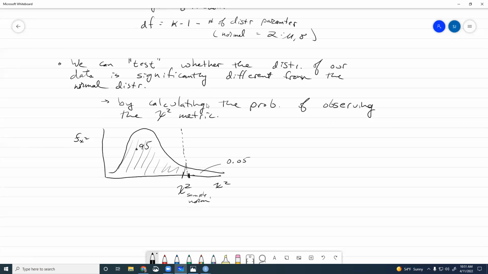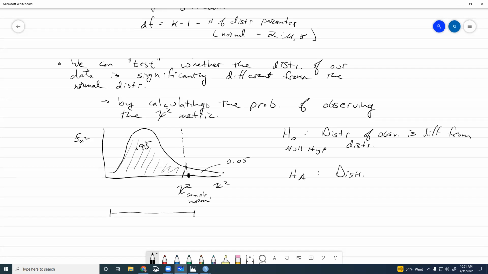And so I'm just going to set this up real quick. We'll say our null hypothesis, H naught, is that the distribution of observations is different from the normal distribution. And then our alternative hypothesis, HA, is that the distribution follows a normal distribution.